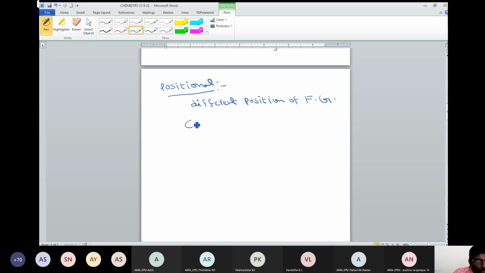For example, you can take CH3 CH2 CH2 CH2Cl. Another molecule: CH3 CH2 CHCl CH3.